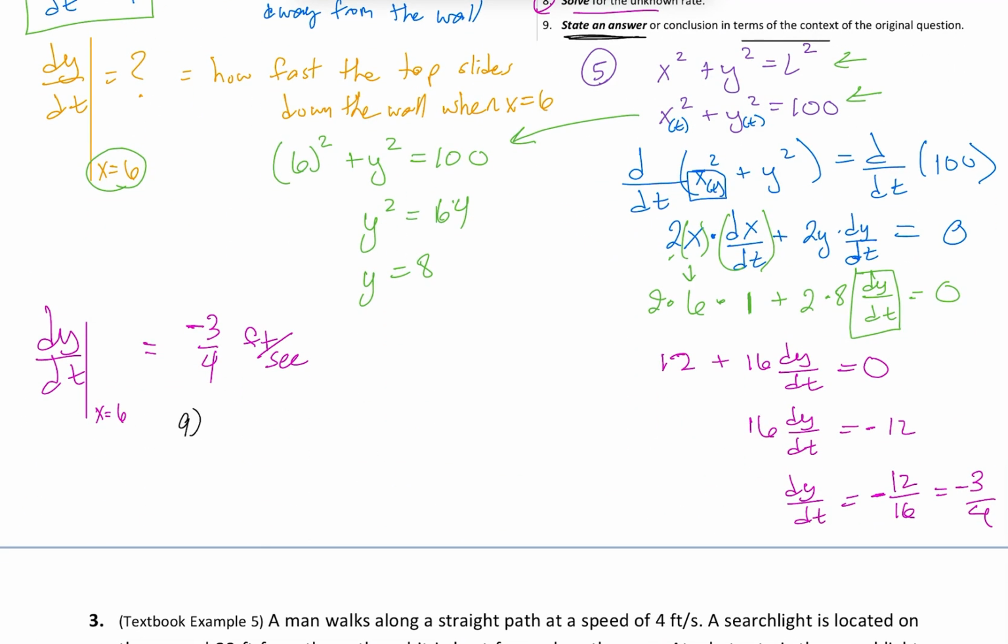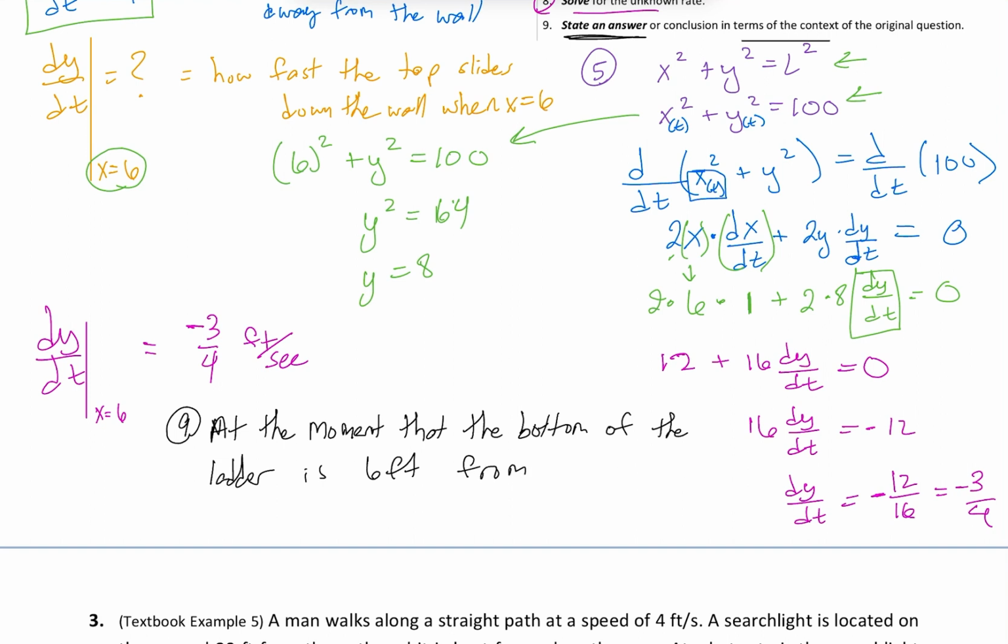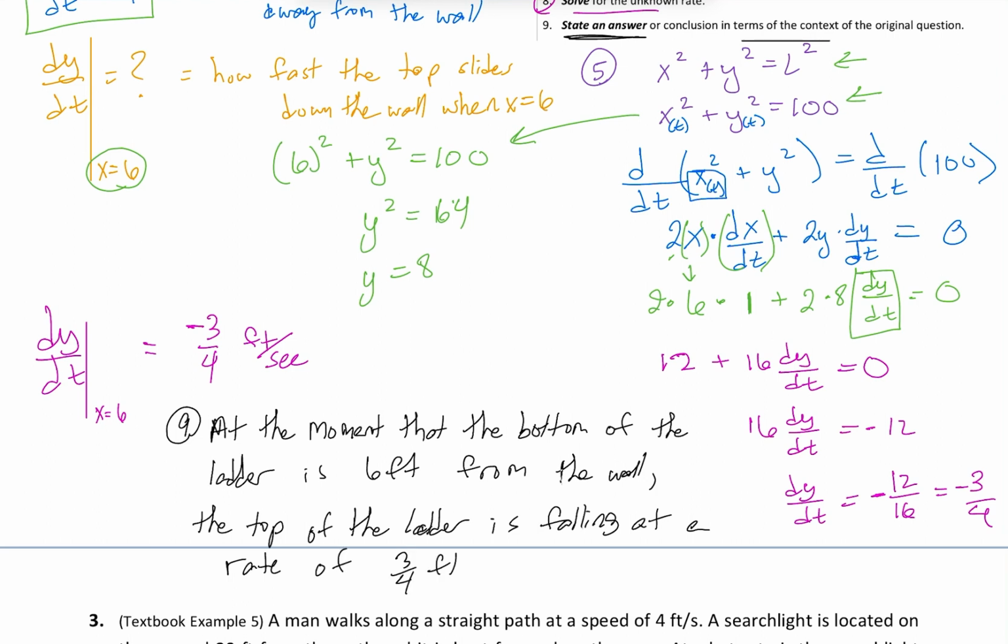So step 9, to state that final answer: at the moment that the bottom of the ladder is 6 feet from the wall, the top of the ladder is falling at a rate of 3/4 feet per second.